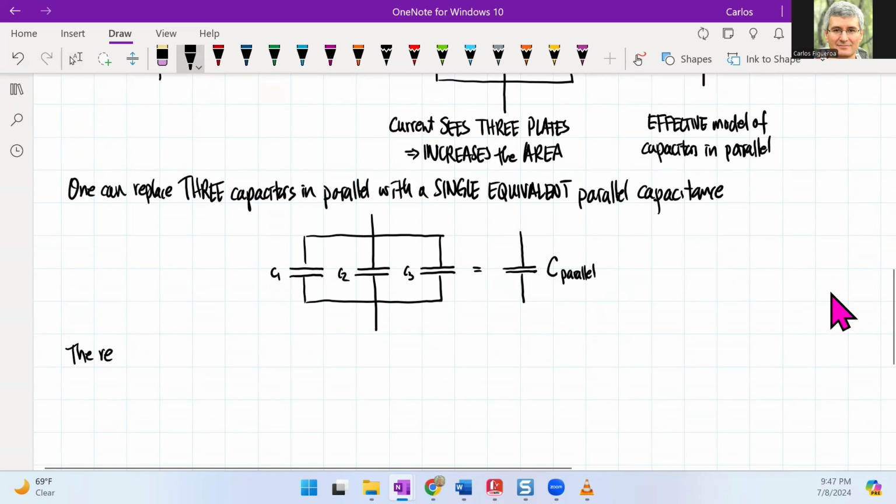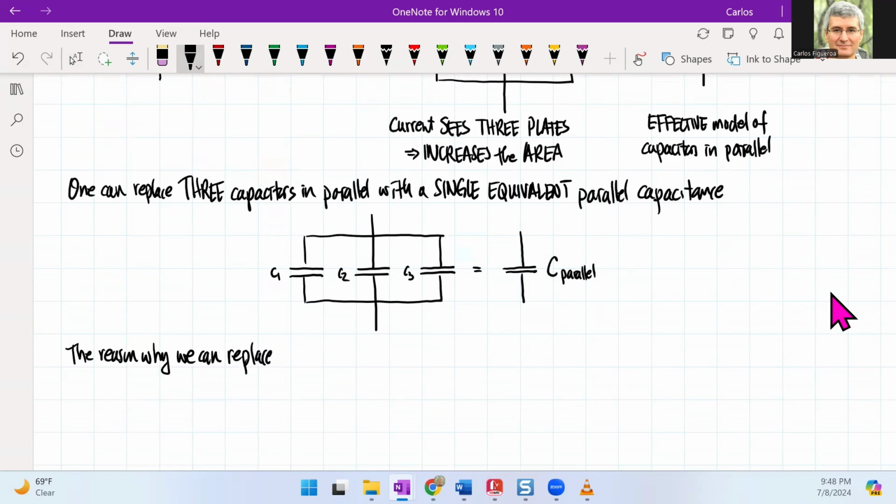The reason why we can replace multiple capacitors in parallel is due to geometry.